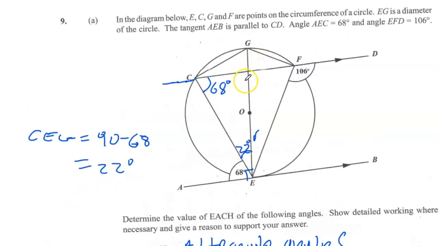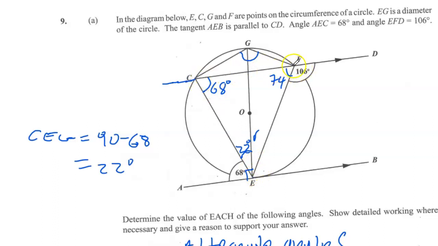We're also asked to find angle CGF. CGF is all of this angle. Now this angle, remember, angles on a straight line add to give 180. So this is 106, which means that this angle would have to be 74. Look at the chord CE.